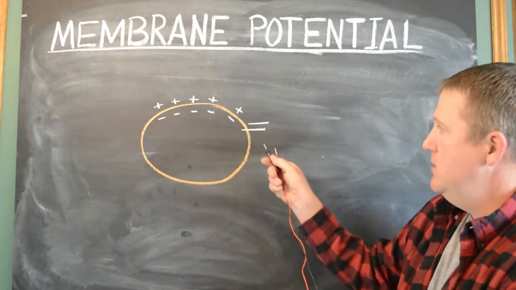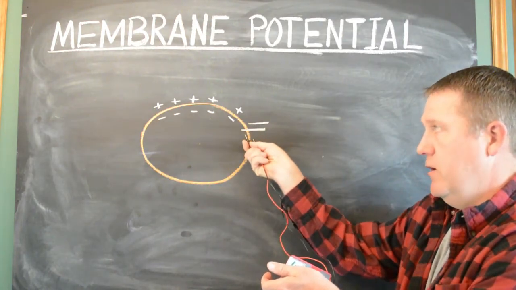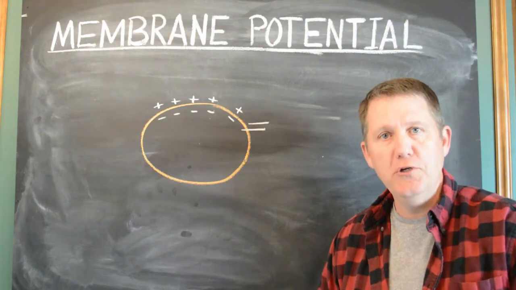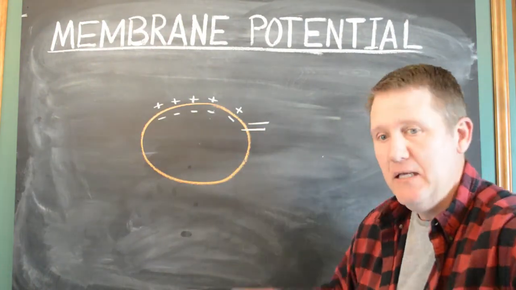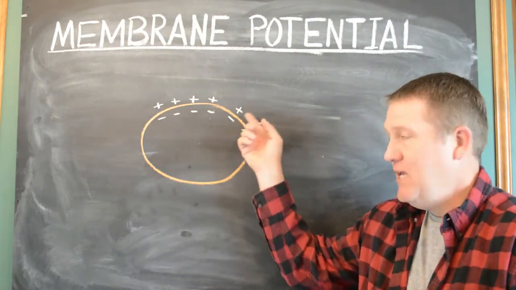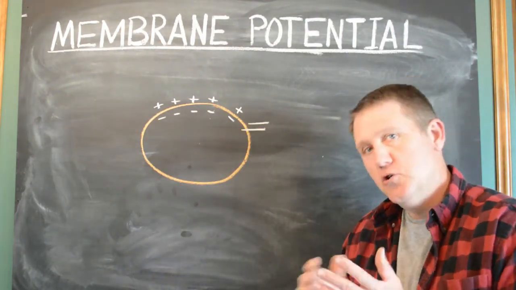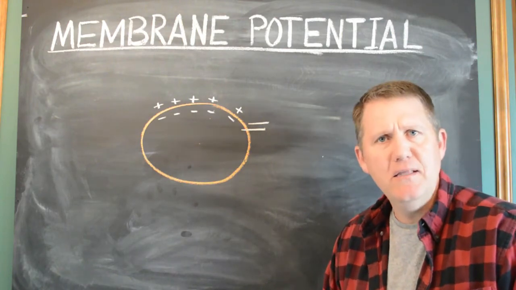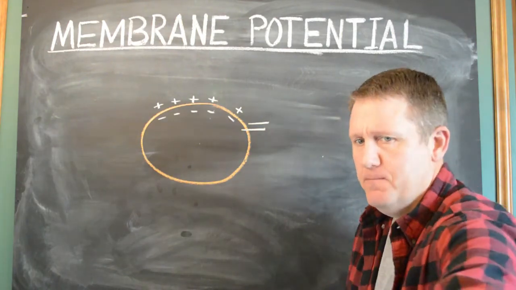If I were to take these probes, like I drew there, and put them on either side, it would read an actual voltage because there's an electrical difference inside and out. So the membrane potential is basically the potential electrical energy stored across the membrane. So that's what it is. Seems strange that it's there, but that's what it is.